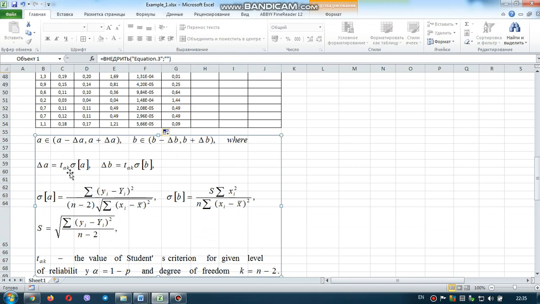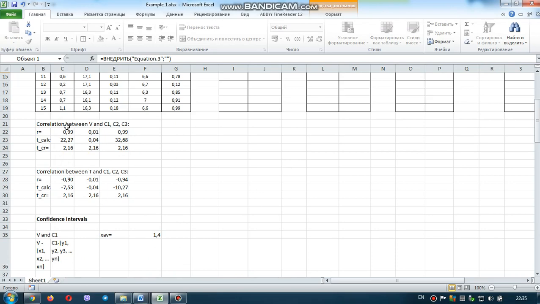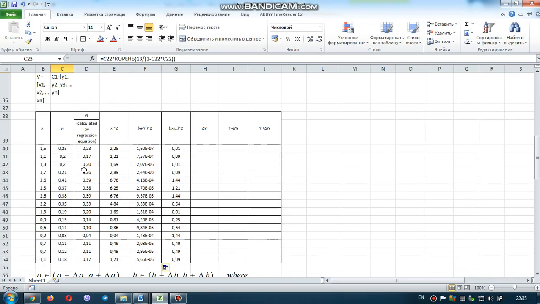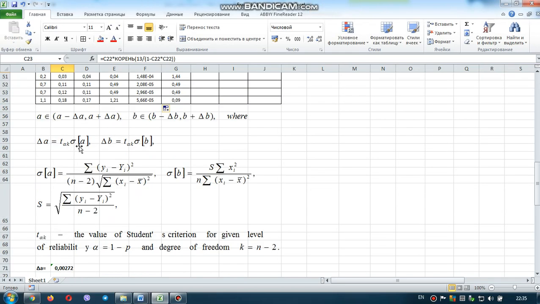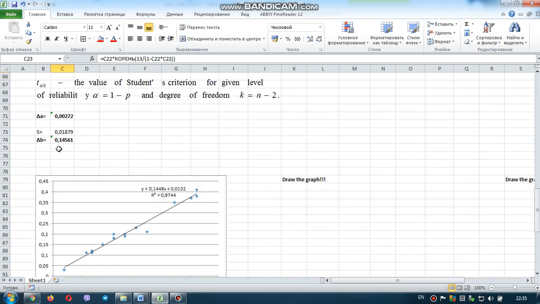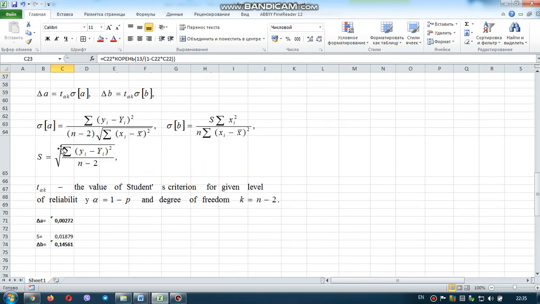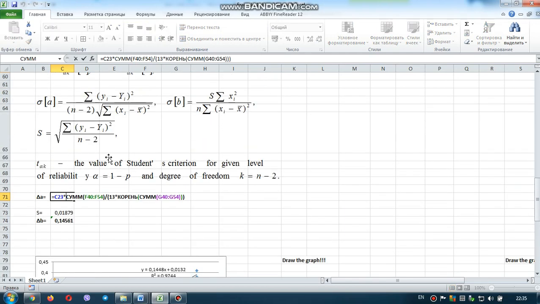The delta A value is calculated by this formula, where t is the student criterion, the calculated student criterion. This is this value. Sigma A is this value. So we can calculate the value of delta A without any problems.